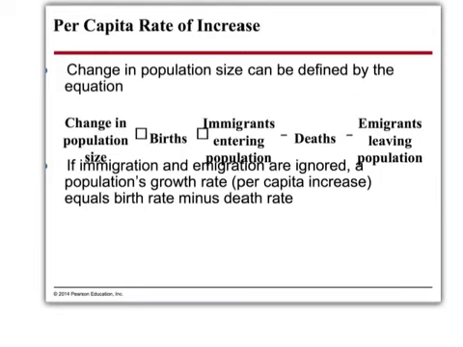So your change in population size is equal to births plus immigrants entering minus deaths minus emigrants. So this is sort of incoming, this is outgoing.